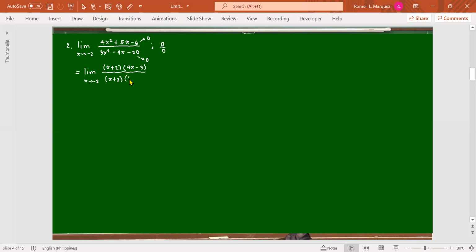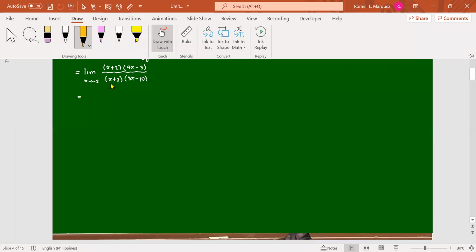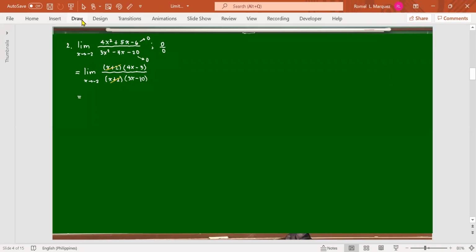Then the other factor is 3x minus 10. Am I right, guys? So from which we can now cancel this out so that we have a simplified limit, no?